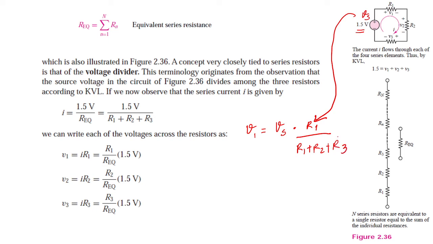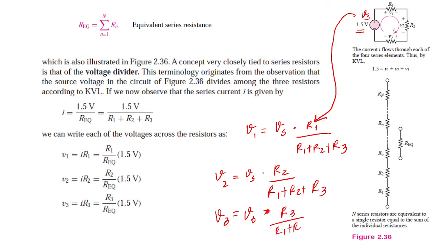This is the voltage dividing rule. V2 is Vs times R2 divided by R1 plus R2 plus R3. V3 is Vs times R3 divided by R1 plus R2 plus R3, where the denominator is R EQ or R total.